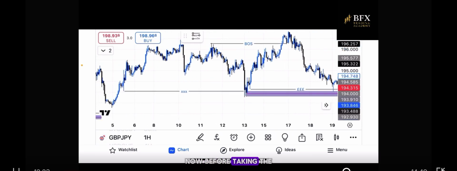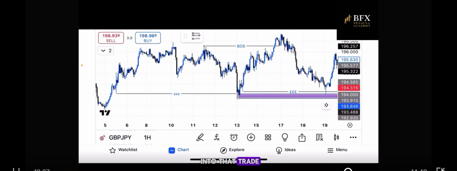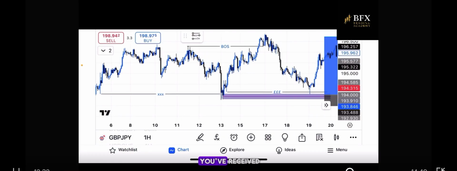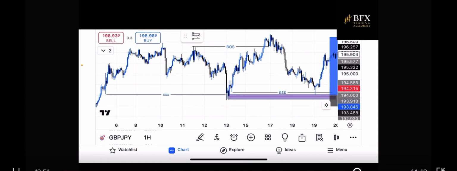Now, before going into that trade, make sure that you've received a structure break and a mitigation. Please listen. Before you take that trade, make sure that you receive a structure break and a mitigation, because that's where smart money is. Okay, that's where the smart money is.